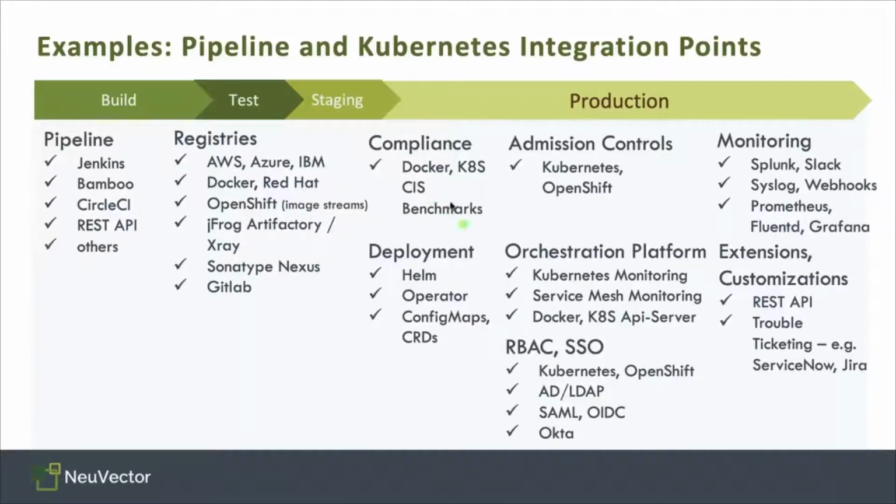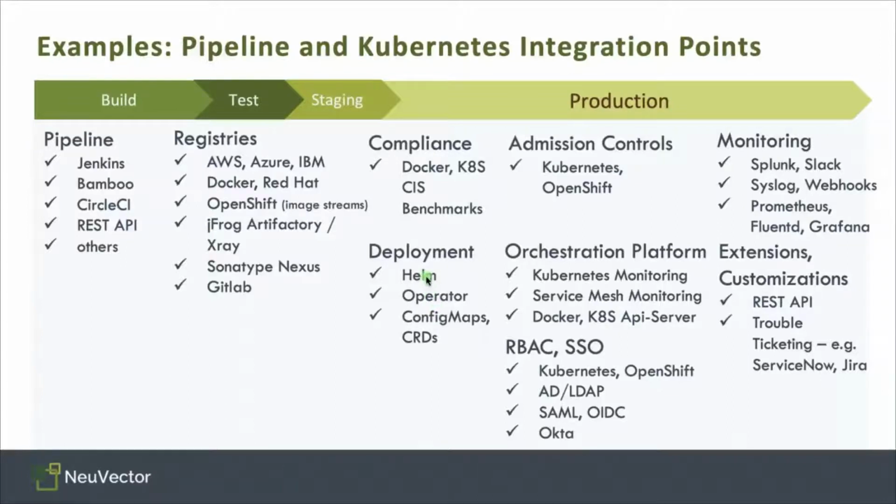The Docker and CIS benchmarks are all implemented and automated. Admission controls is actually a webhook service that's made available through Kubernetes and OpenShift. So any security tool should leverage the admission controls of the orchestrators themselves. For both initial deployment and ongoing updates of security tools, as well as security policies, such as those in NeuVector, the deployment can be fully automated as well.